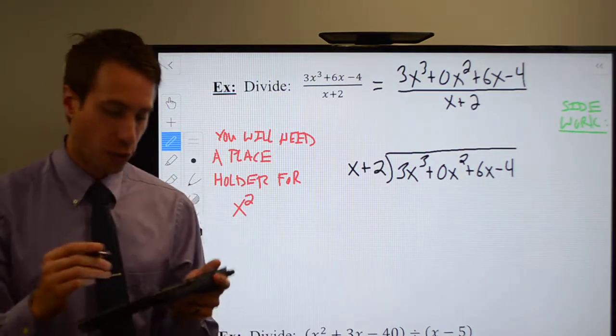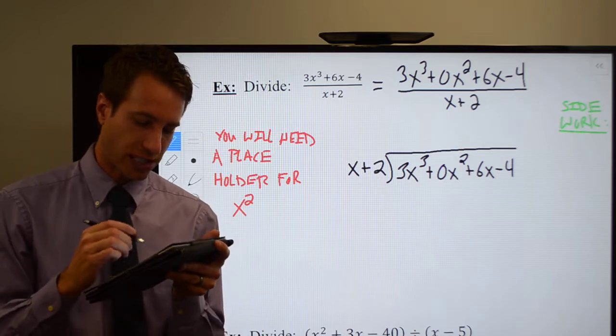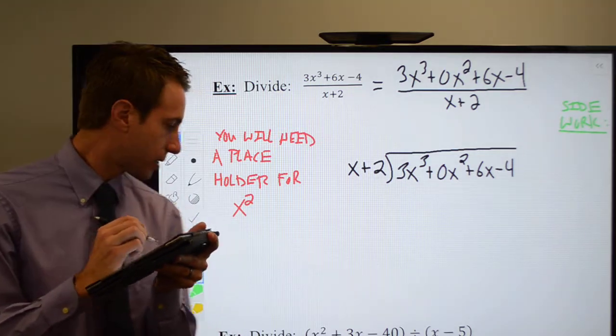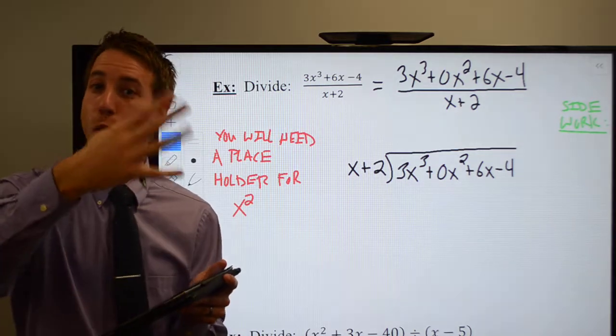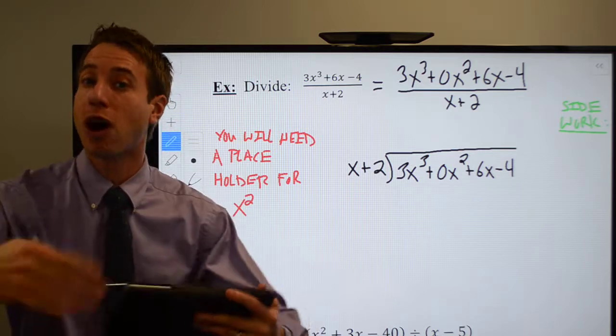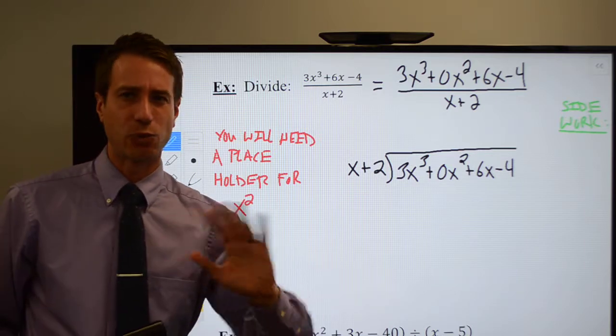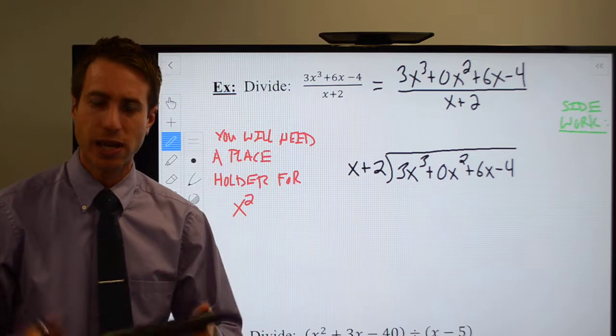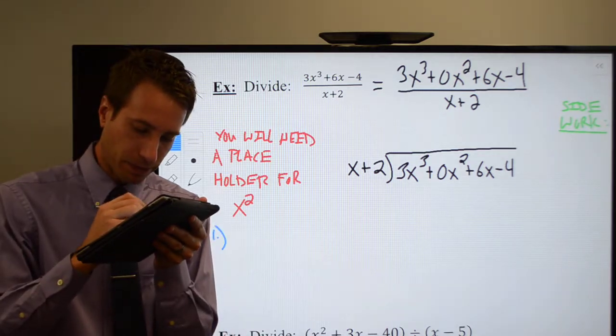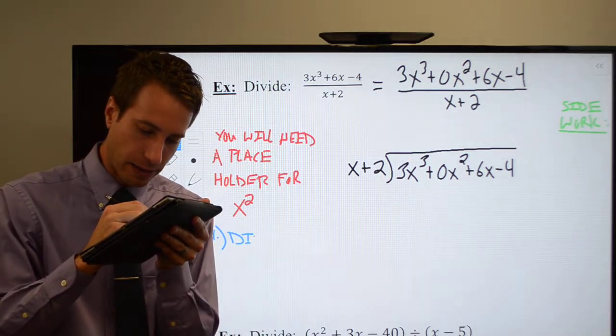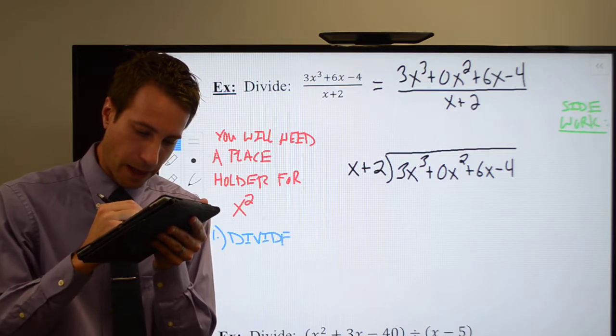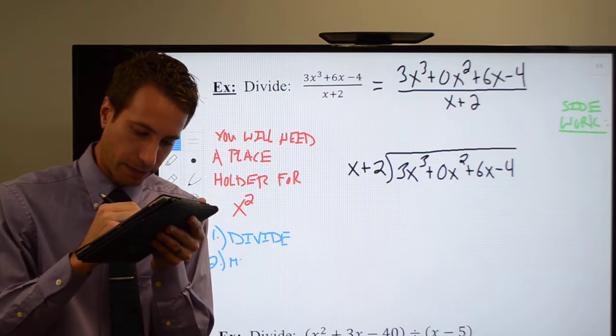And I'll also put this in here just this time for us, just to help us remember the way that it works. We're going to use that 4-step process. Remember, the process is the same. That's why we reviewed how to do long division. So step 1 is to divide. Step 2 is to multiply.